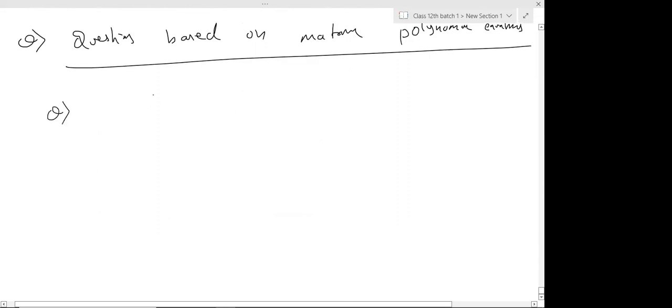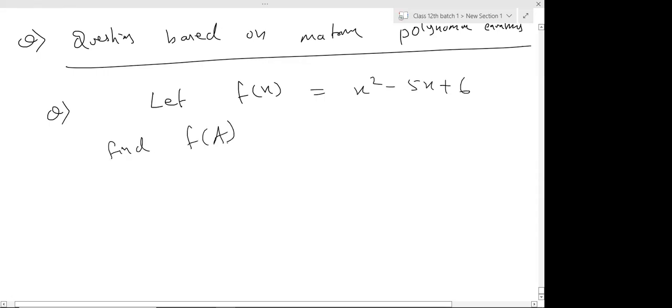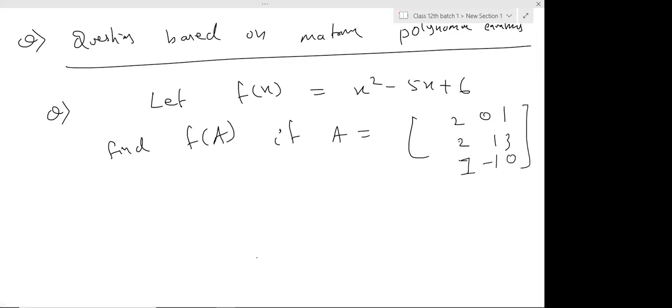Let's see one question. Let f of x is equal to x square minus 5x plus 6. Find f of A if A is equal to the matrix 2, 0, 1; 2, 1, 3; 1, minus 1, 0. Write it down. I'll explain how to solve.